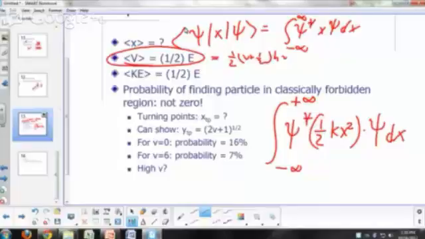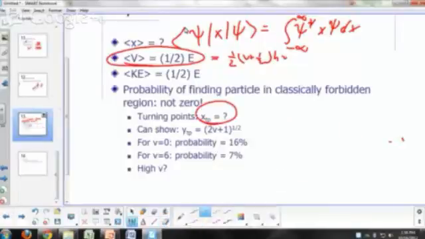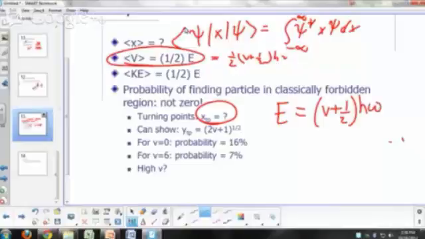All right, so how do we determine the classical turning points? If x sub tp is a classical turning point, how would you solve for that? What was our energy? It's v plus 1/2 times h nu, right?